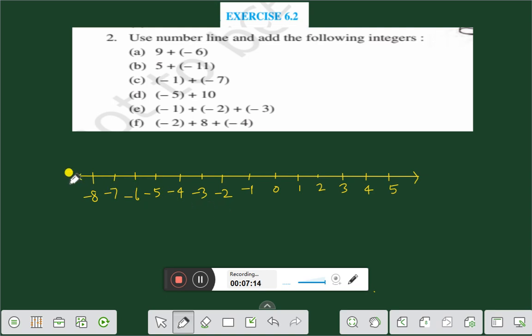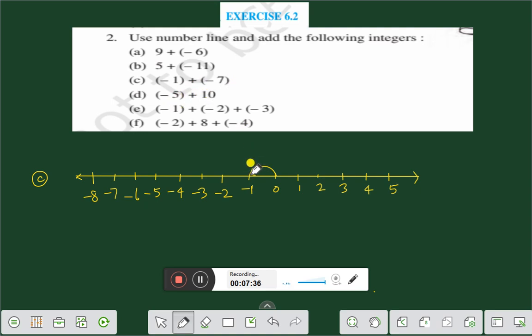Now we are doing question number C. Question number C is minus 1 plus minus 7. Minus 1 means on the left side. From here we are taking minus 1, that is 0 to minus 1. And minus 7 means 7 numbers on the left side.